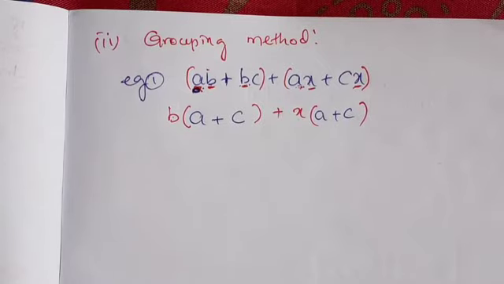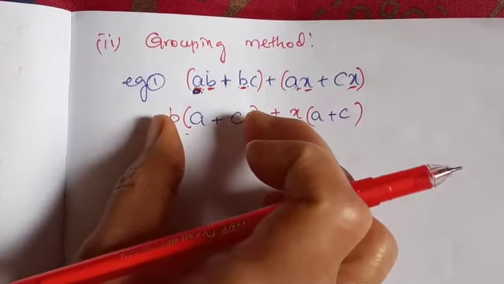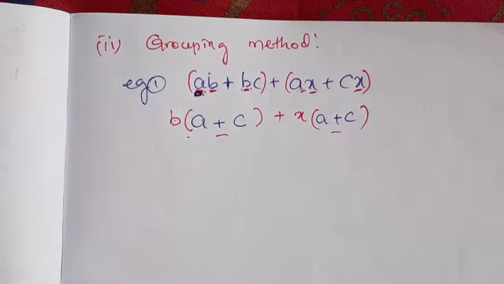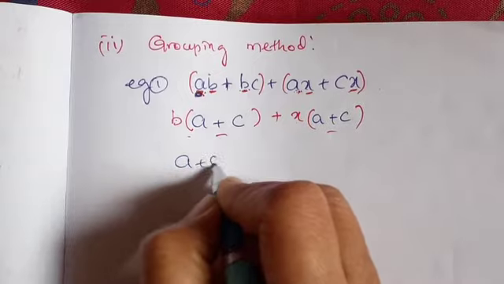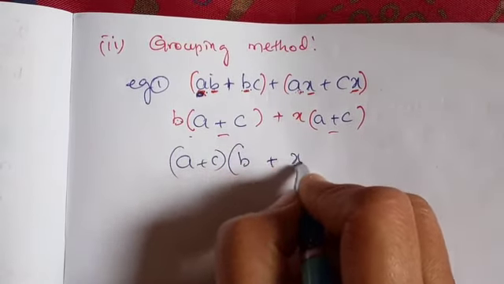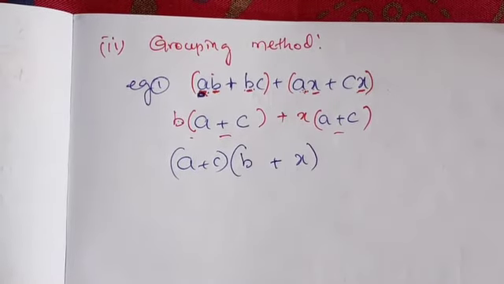So again from these two terms, this is a binomial, a product, and this is a product. Now these two are common: a plus c, and the leftover is b plus x. This is the grouping example.